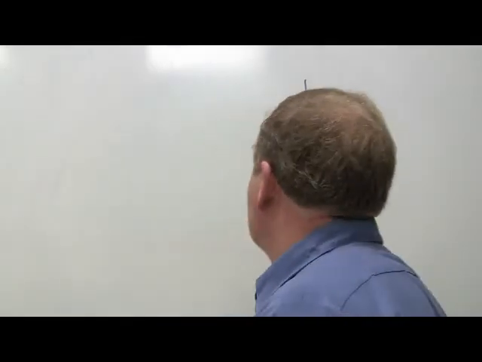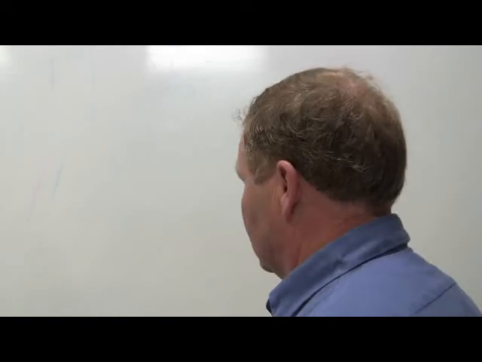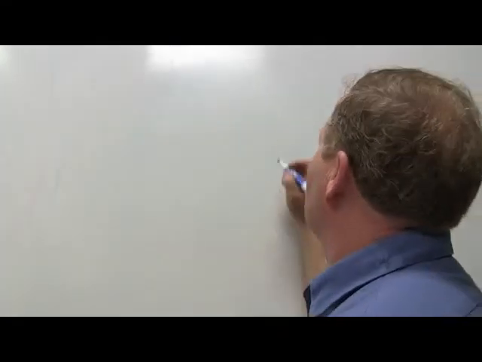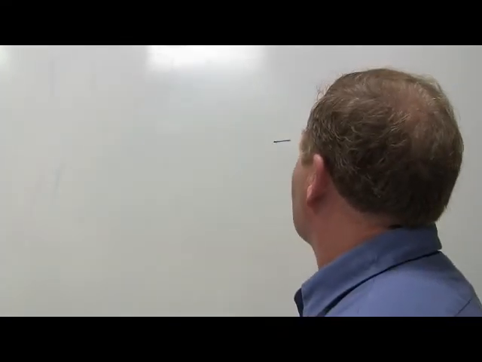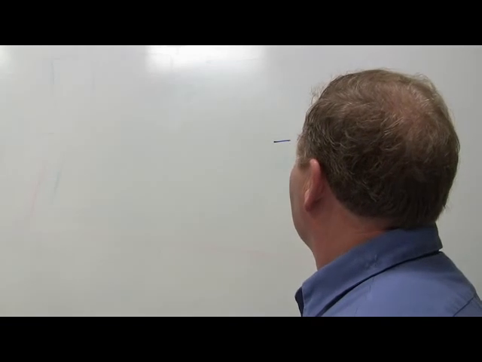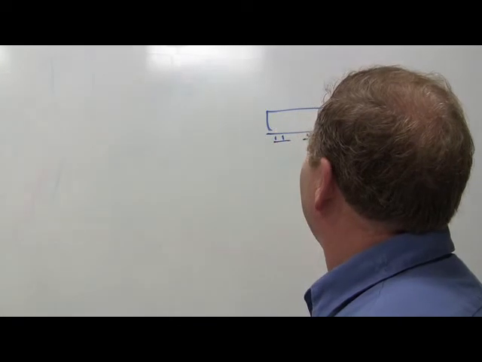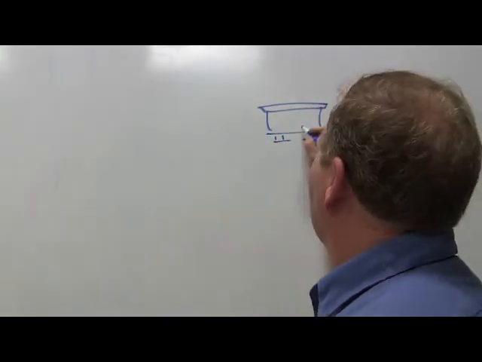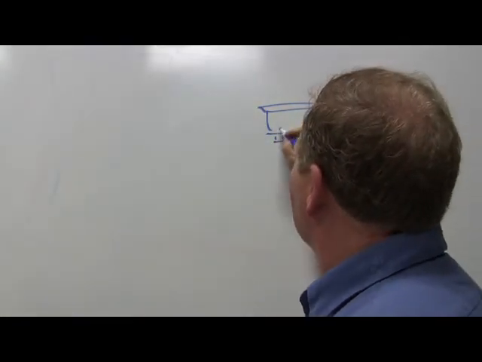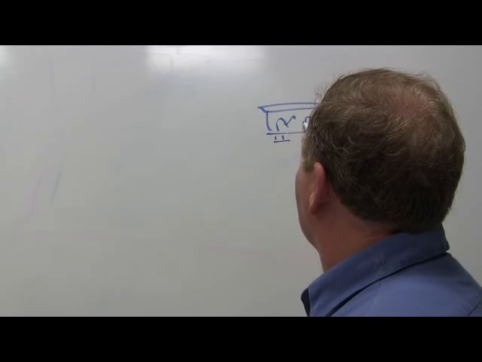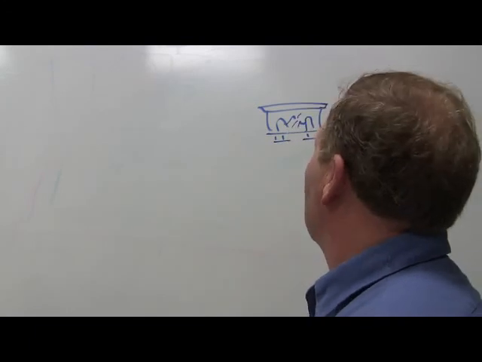And number 35, how can a test lamp be used to locate a shorted or overloaded circuit? That's very important. Okay, I've got a little fuse panel here. I'm just going to draw the one, and there's a fuse right here. The little fuse is blown.